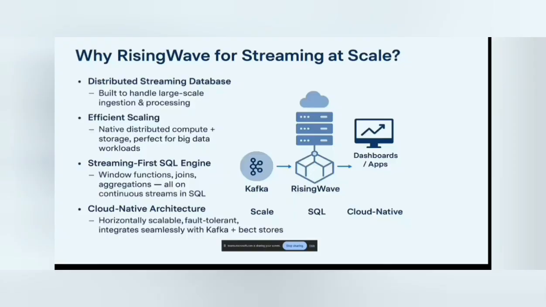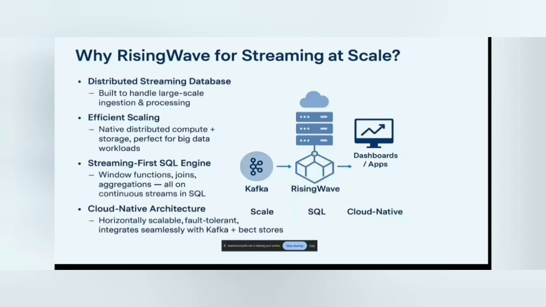Right. So Rising Wave for streaming at scale. Rising Wave shines when the volume of data is massive. So think of IoT sensors sending millions of events per second, right? Or maybe even clickstream data for an e-commerce giant. I just took an example of Amazon. So something of that scale.